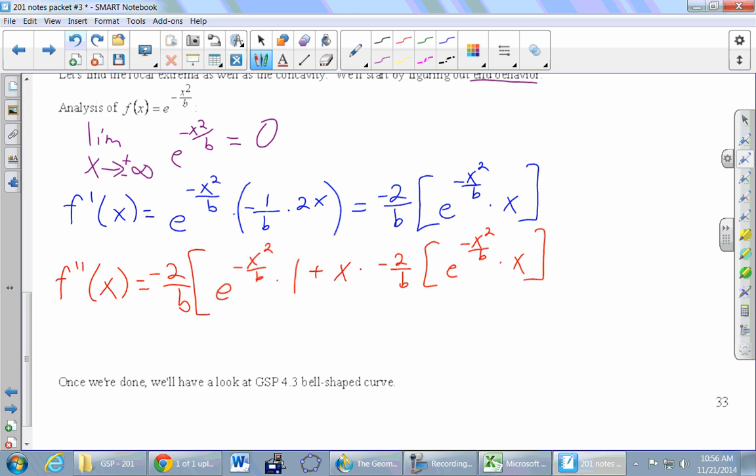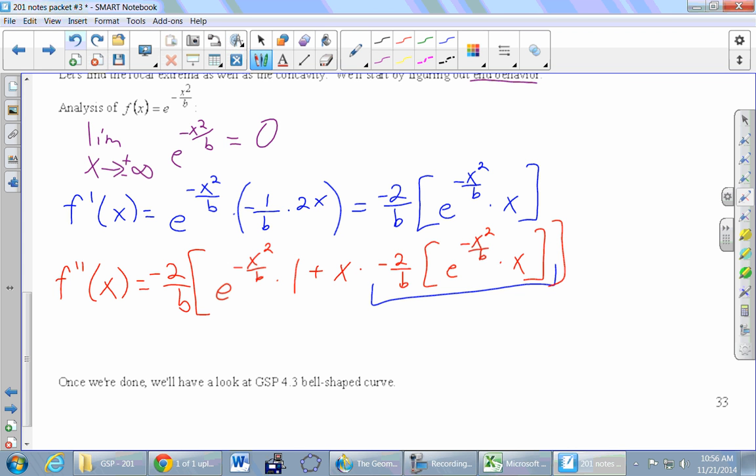So I'll underline that this guy right here is the entire blue, because that's the derivative of e to the minus x squared over b. Okay, and then one more bracket at the end to finish. I think we've got our second derivative there.